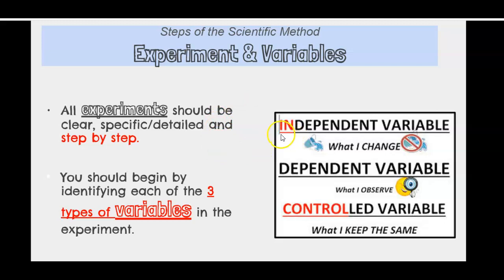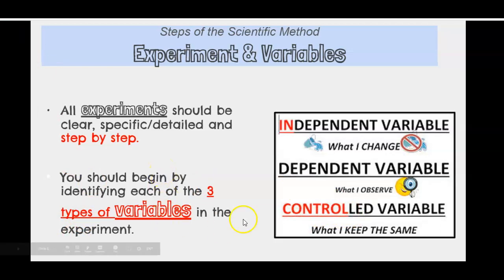So I'm going to give you a couple of hints on trying to identify the independent, dependent, and controlled variable, and they all have something to do with the beginning of the word. So the I in independent, the D in dependent, and the first word control in controlled variables.